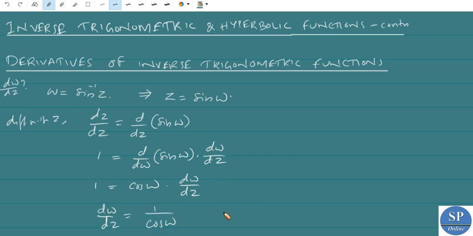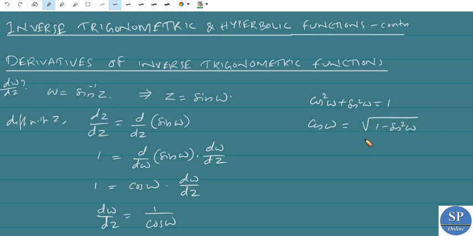Now we need to find the derivative of sine inverse of z, that is w, with respect to z. So we have to convert this cos w in terms of z. Here we have z is equal to sine w, but we have cos square w plus sine square w equal to 1. So we can write cos w is equal to square root of 1 minus sine square w.